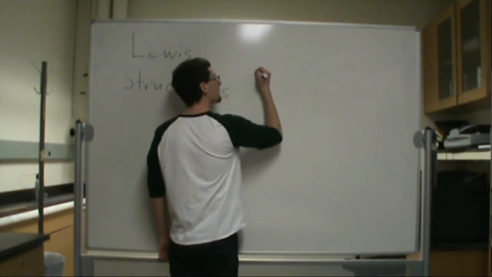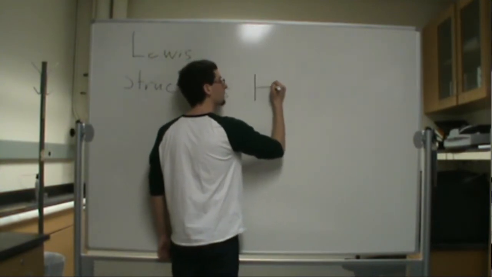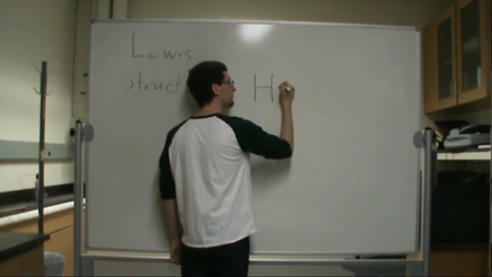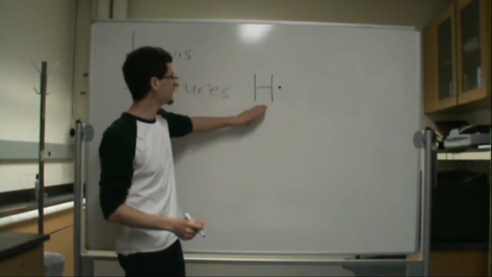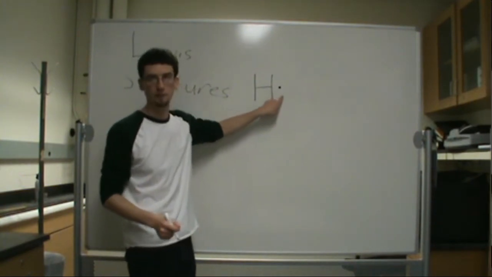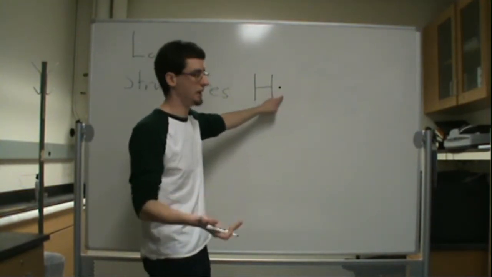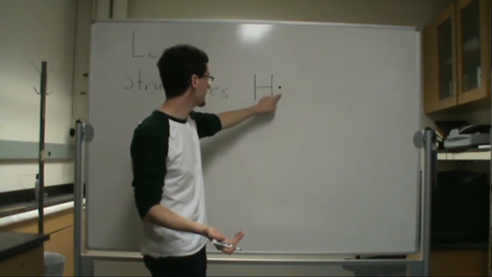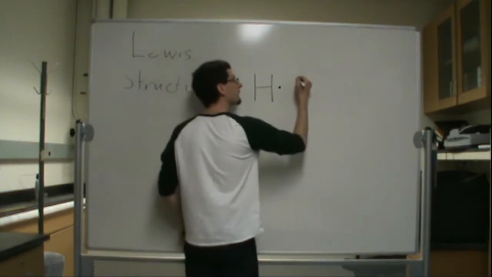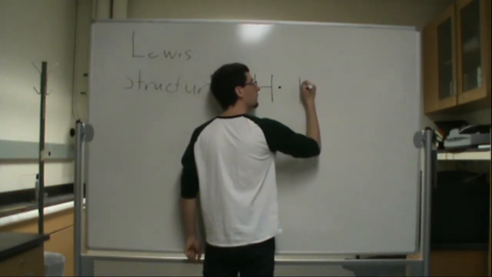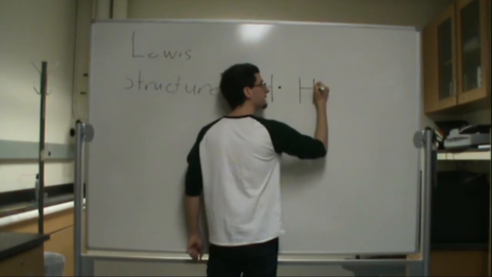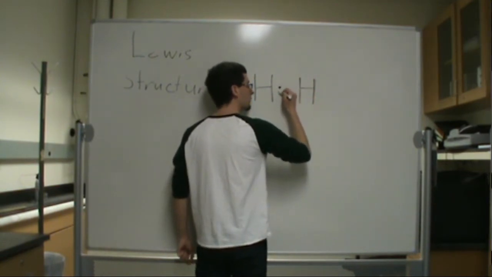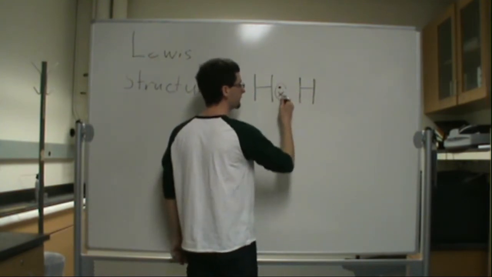Let's take our first example of H2 gas. If you notice, this hydrogen has a single electron. You can determine that from the periodic table. If we pair it up with another hydrogen, where I'm going to represent its electron with an X, we get a pair sharing between them.